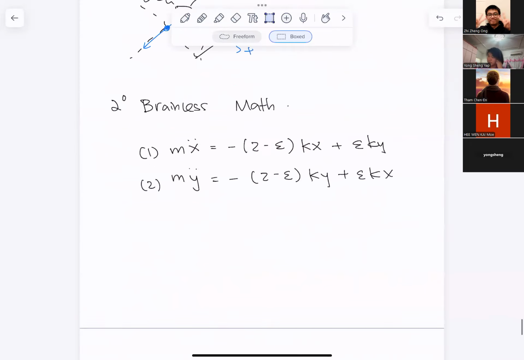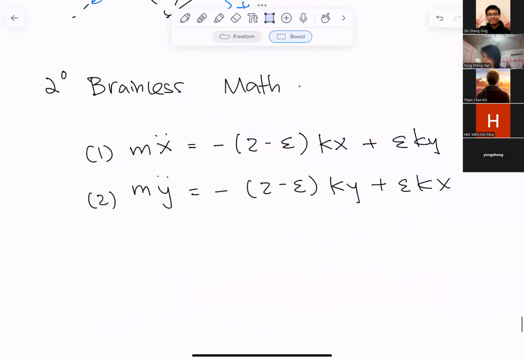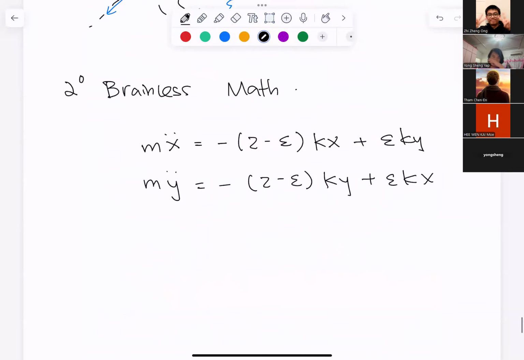But we can always make do with brainless math. So if you're more math oriented, this might be helpful. One thing you can see is that, okay, this has some y in it. So how can we eliminate the y? Okay, we can eliminate the y because we have the equation of motion for y double dot. So, one brainless thing to do.